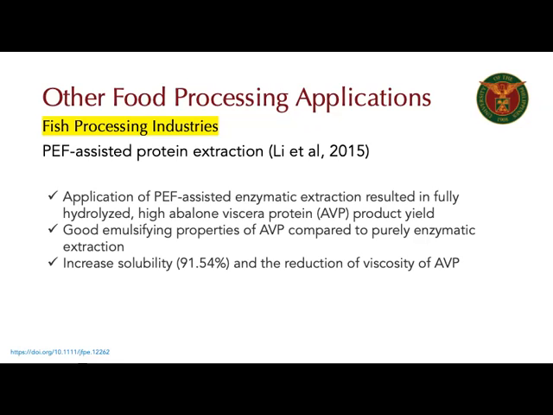They saw that it was fully hydrolyzed and they had a high product yield. They also reported good emulsifying properties of the abalone viscera protein compared to purely enzymatic extraction, and increased solubility and reduction of viscosity of the protein.